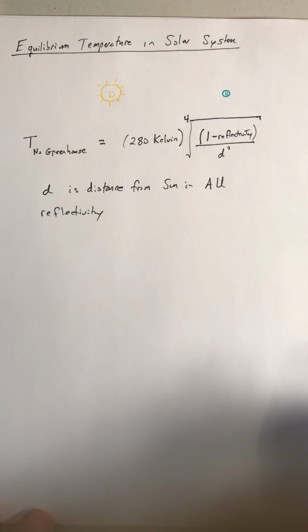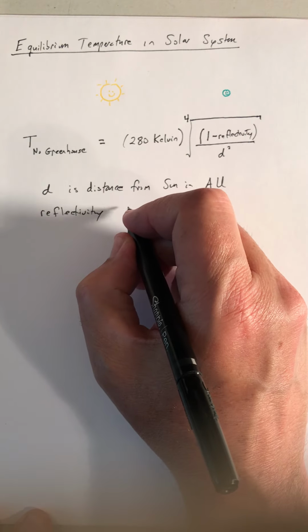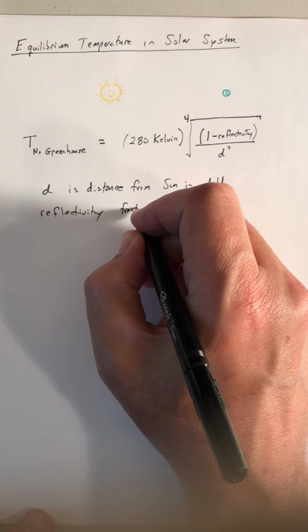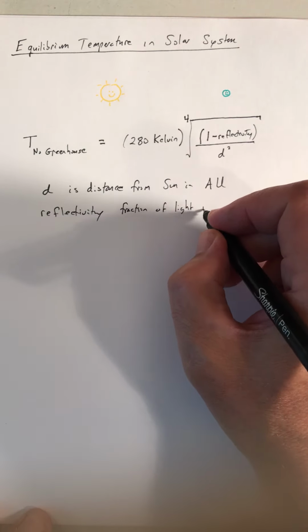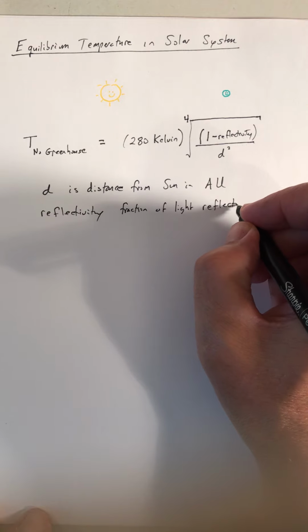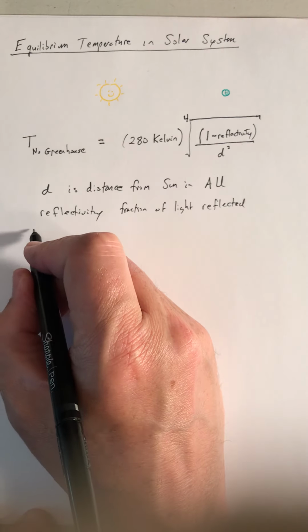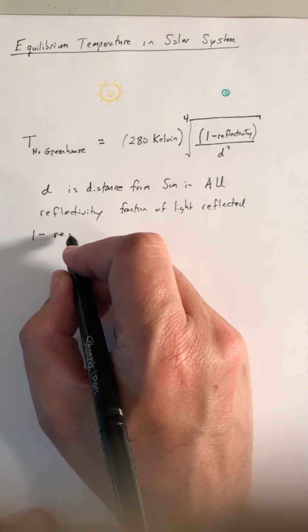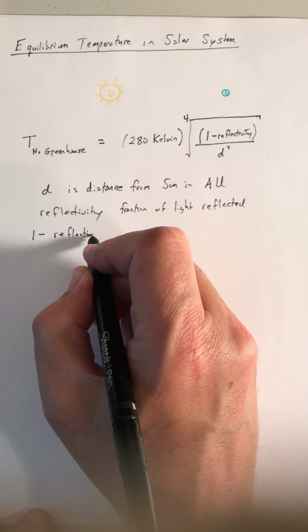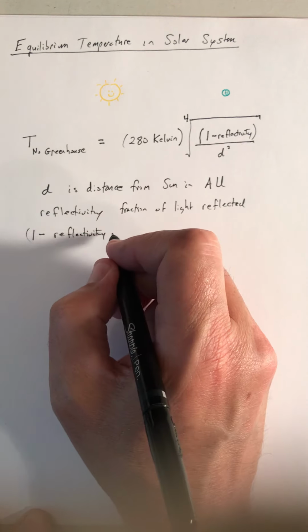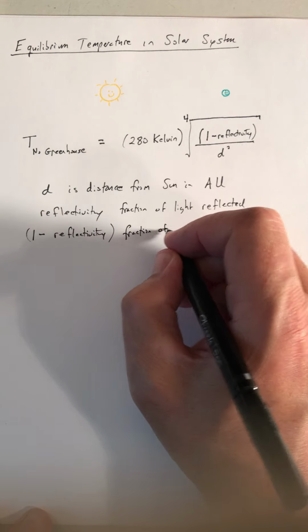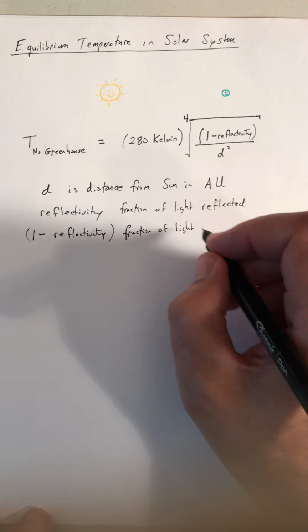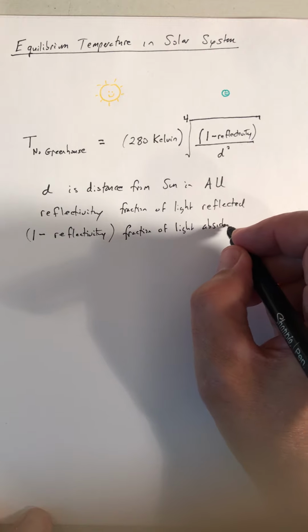So reflectivity is the fraction of light reflected, and then 1 minus reflectivity is the fraction of light absorbed.